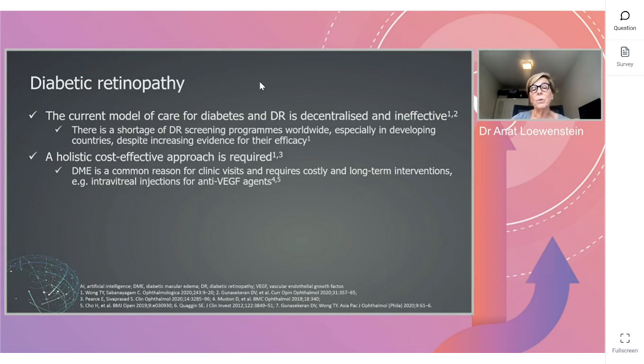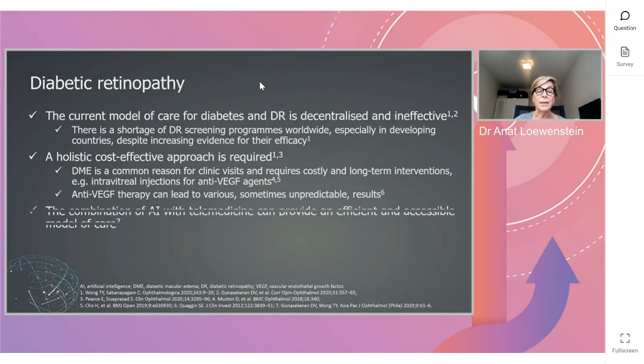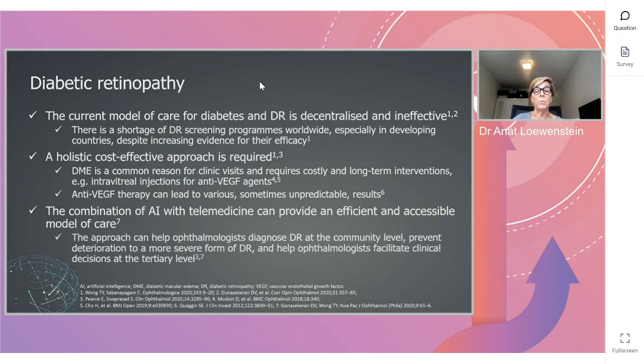We know that diabetic macular edema is a very common reason for clinic visits, and it requires costly interventions, a lot of intravitreal injections. So theoretically, if we could find it early and prevent the need of so many injections, it would be beneficial. So theoretically, if we could combine artificial intelligence with telemedicine, we could provide an efficient and acceptable standard of care for our patients.